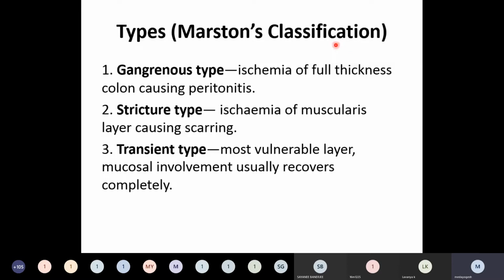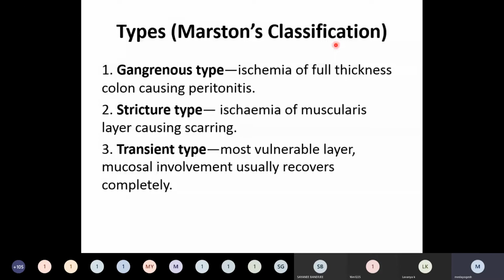The second type is the stricturous type, where there is ischemia of the muscularis layer that causes fibrosis and ultimately scarring, resulting in stricture formation, which leads to chronic ischemic colitis with stricture, and patients are prone to obstruction, producing a classical intestinal obstruction and its associated features.